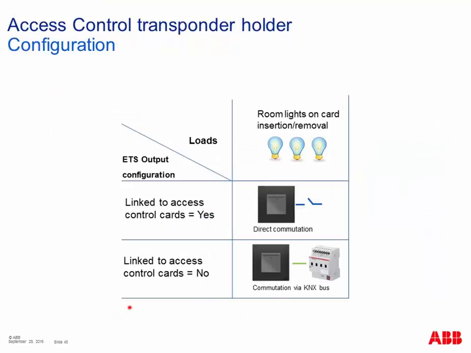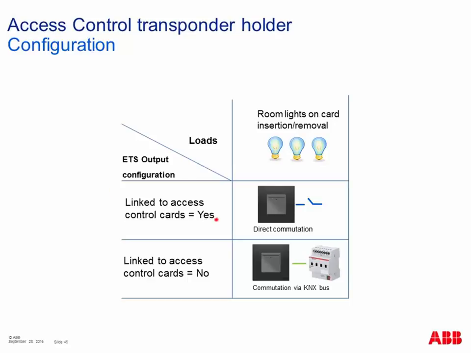Here is a summary of the configuration we have for the card holder. For the configuration of the outputs there are two possible configurations. The first is actuator. The second is linked to access control cards. In the actuator case, there is no link of the output to the card insertion/removal event, and when you insert or remove the card from the card holder, it's an external actuator that controls the light thanks to the communication object sent by the card holder.